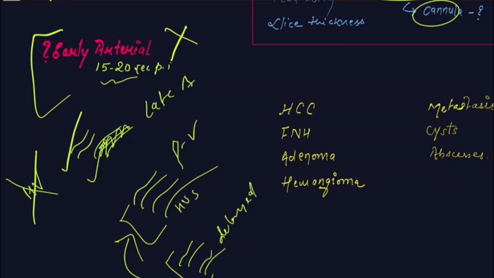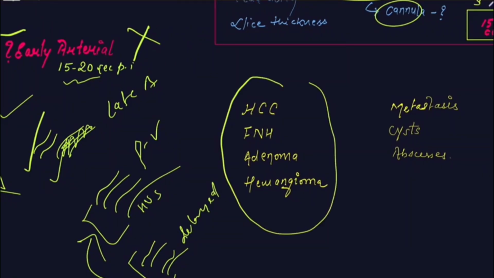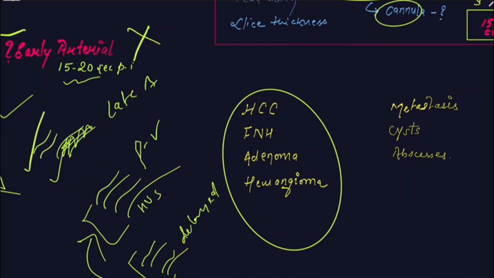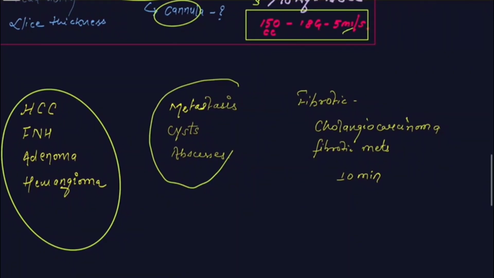Okay, so for example, these are the hypervascular lesions: the HCC, FNH, adenoma, hemangioma. We'll discuss these later in our liver series. The hypovascular lesions, for example, metastasis, cysts, and abscesses. Another category is the fibrotic lesions.